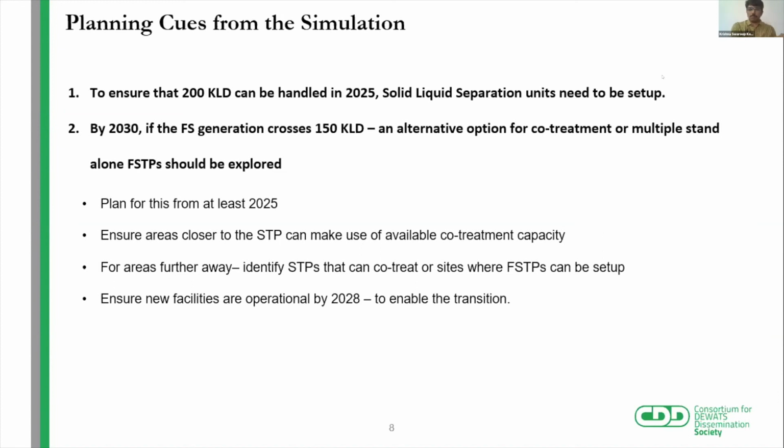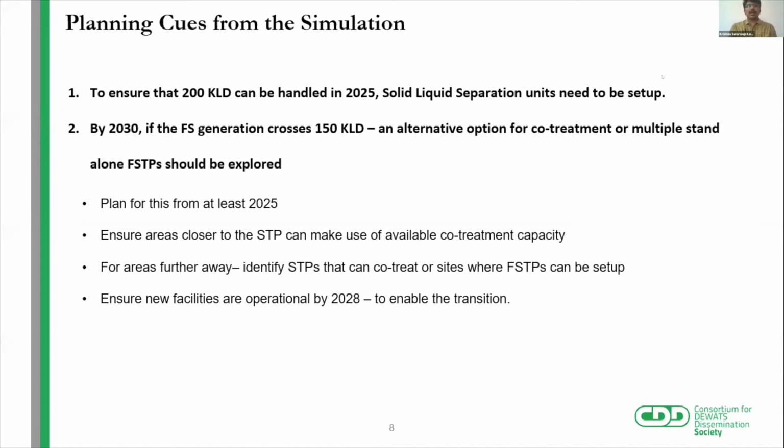Maybe if there is another STP that is being planned in the city, can we co-treat there? You'll have to explore that, or multiple standalone FSTPs, because it's 150 KLD, and depending on the distance that the trucks or the desludging vehicles need to cover to reach the site, we need to look at what sort of options are the best for that particular city.